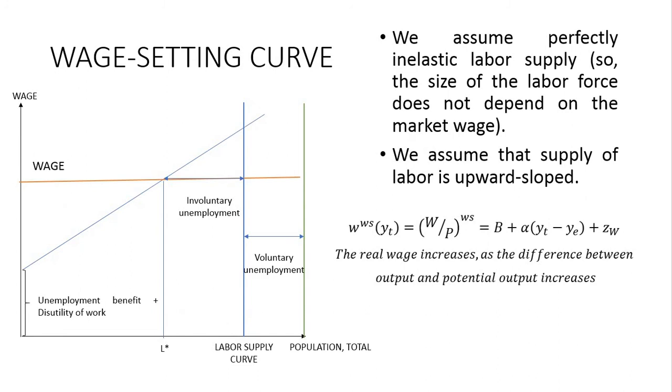Okay, so there is a positive relationship between wage and the number of people in the labor force due to the bargaining power of the labor force. So the idea is like this: when there are a lot of people employed, there is small unemployment, and when there is small unemployment, bargaining power of the labor force increases.